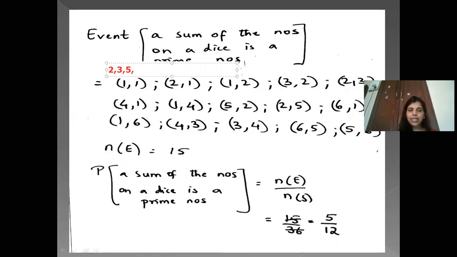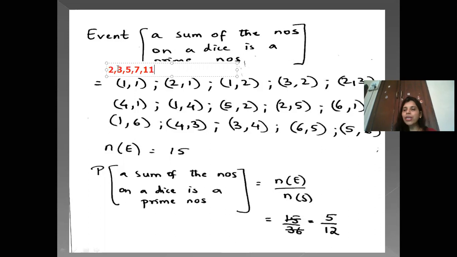We can get 5 as a prime number, 7, 8. 9 is not a prime number, so don't list it. 11, until 12 only, because 6 plus 6 is 12. So between 2 to 12 actually, but 1 is also not possible, because if 1 is on one face and 1 is on the other face of the dice, then 1 plus 1 is 2.